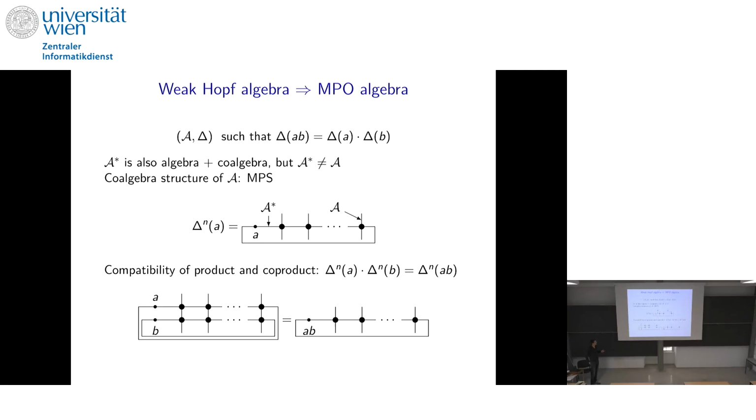And what happens is that when you take two MPO representations of two algebra elements and take their product, it will be just the MPO that represents the product of these two algebra elements. All right, so basically when you have a Hopf algebra, you can think of its representations as an MPO algebra. So the representations you can think of as matrix product operators that you can multiply together, and these matrix product operators will form a closed algebra.